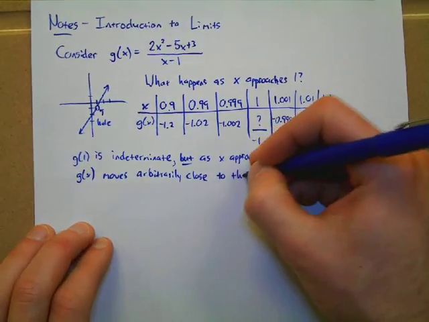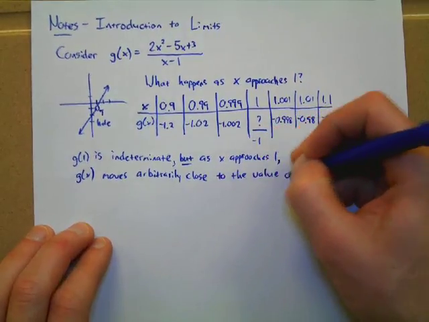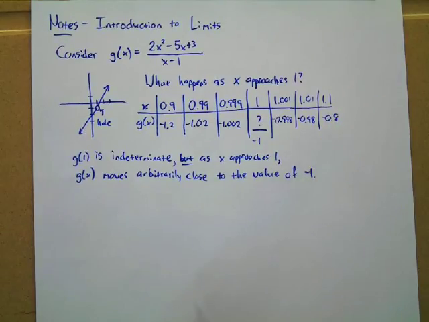Okay, so what do I mean by arbitrarily close there? Well, believe it or not, there is a mathematical definition for arbitrarily close. And the basic idea is this. Some of you may take more convincing than others to say that it goes to negative 1. Some of you might be sticklers. You might say, Mr. Widmeyer, we can't say that this is approaching negative 1 because this value is not negative 1 and this value is not negative 1.